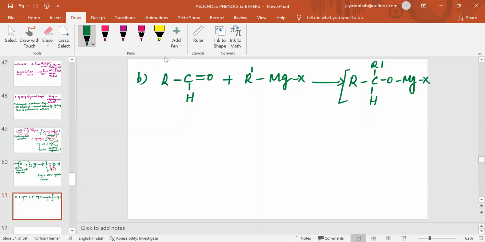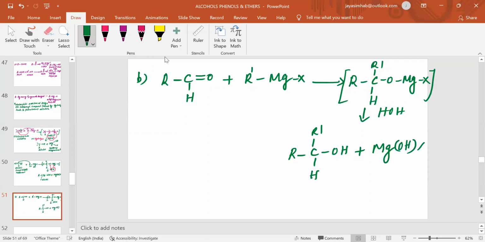This is the adduct. Upon hydrolysis, it forms a secondary alcohol: R prime, C, H, OH plus Mg(OH)X. Hydrogen will go here, OH will go and bind with magnesium. This is a secondary carbon, so this is a secondary alcohol.